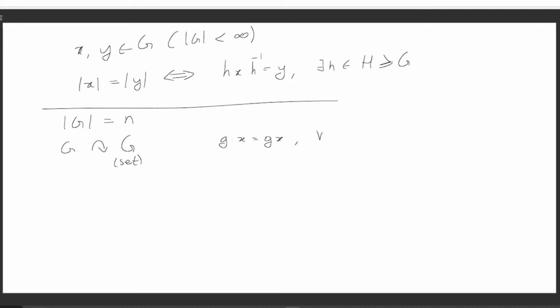This is the basic action. It's an action. 1 dot x is obviously x, and (gh) dot x is g dot (h dot x). Okay, so it's an action. We'll discuss group action later, but again, we must be familiar with this. A group action on a set.